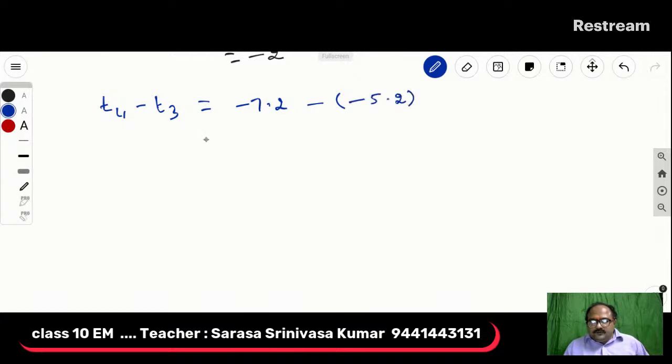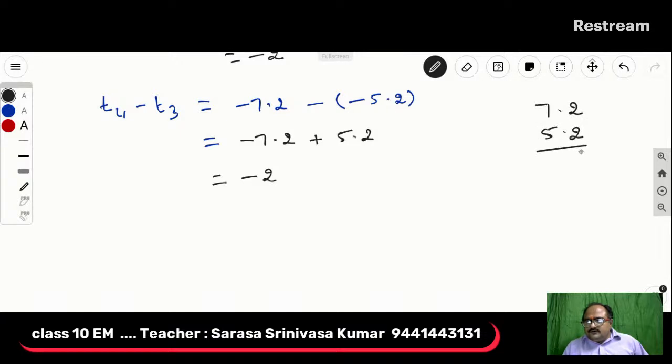So this can be written as minus 7.2 plus 5.2. So this is equal to minus 2. We can do the calculation here. 7.2, 5.2. So here we get 2.0. So minus is there. So minus 2.0 can be written as minus 2.